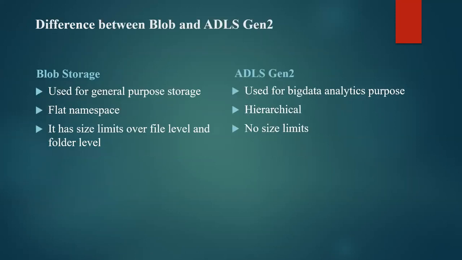Also, we have covered the difference between Blob storage and ADLS Gen2. Blob storage is used for general purpose storage. Gen2 is used for big data analytical purposes, so when you're dealing with a large set of data, people will opt for ADLS Gen2. That is the main difference. Blob storage has a flat namespace, ADLS Gen2 has a hierarchical namespace, which we have enabled.